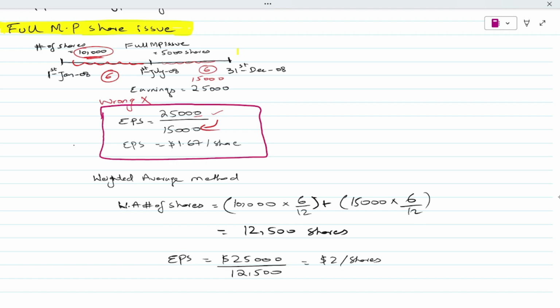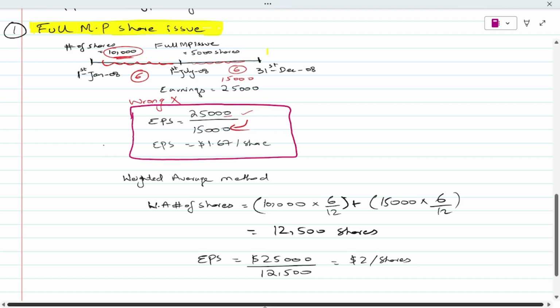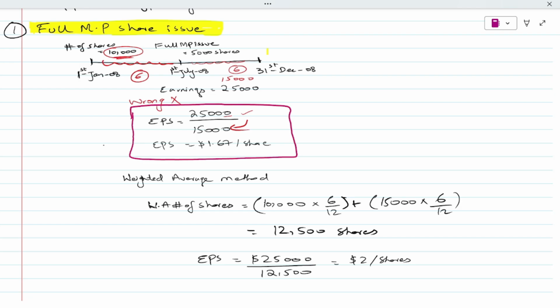So the first thing that we have studied so far is how to tackle a full market price share issue. Like I told you, in a full market price issue you raise more money. It's not a free issue.